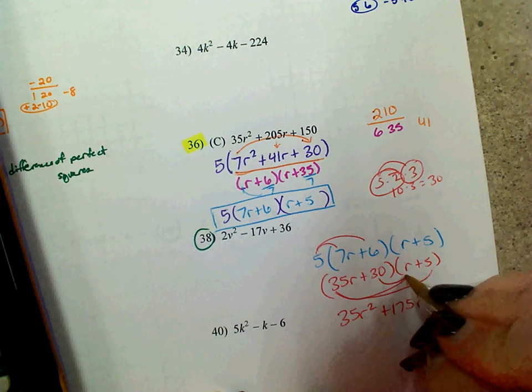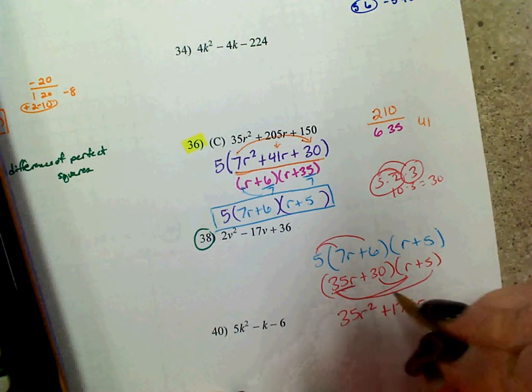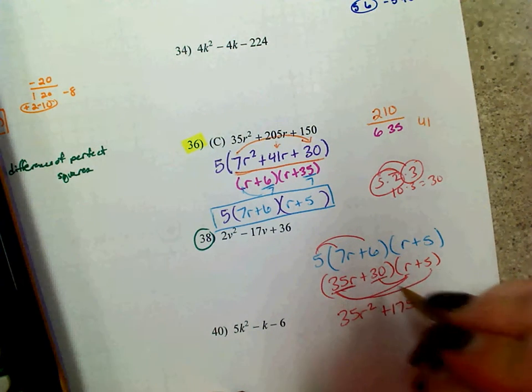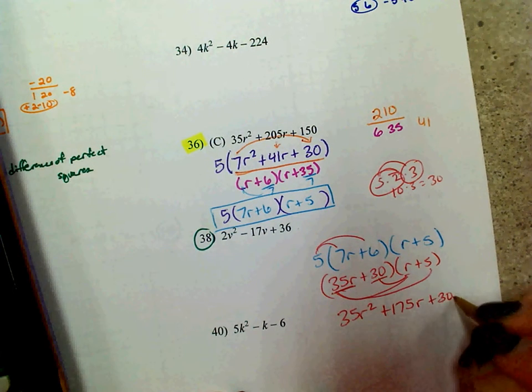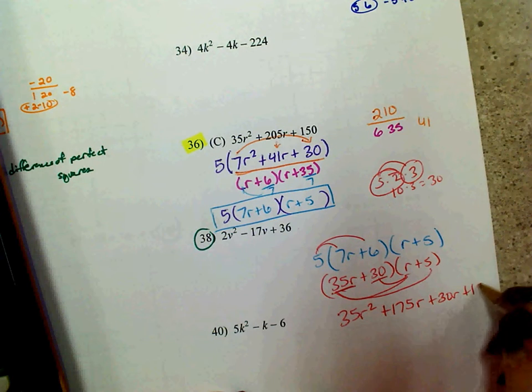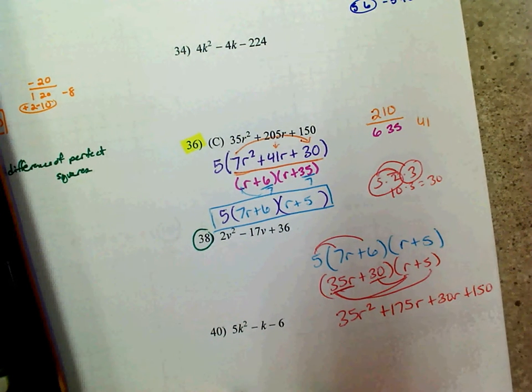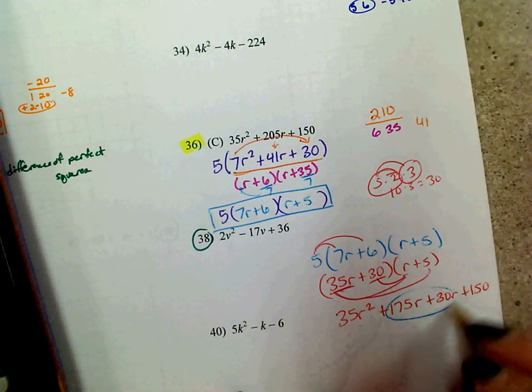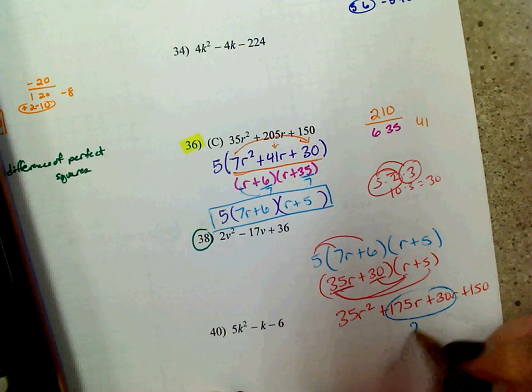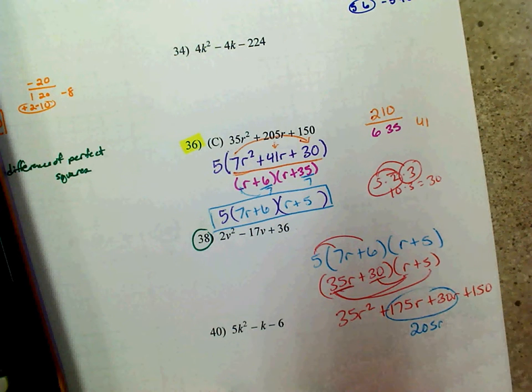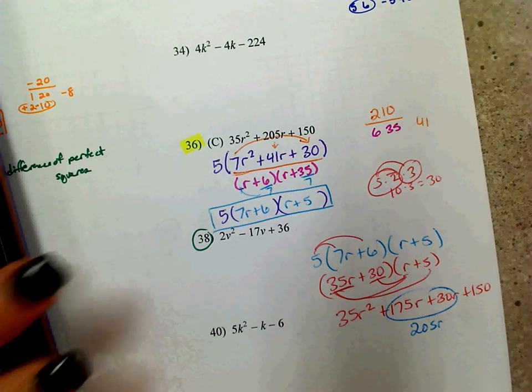And then I distribute 35r to both of those. Now I'm going to distribute 30. 30 times r is 30r. 30 times 5 is 150. And if I combine those middle two terms, I get 205. So we're good. Okay, and I was right.